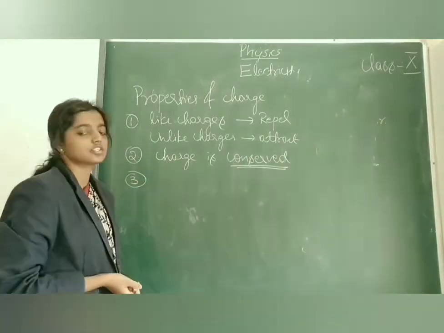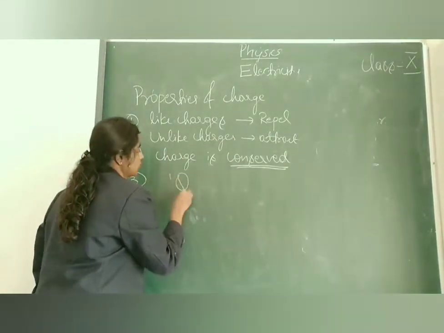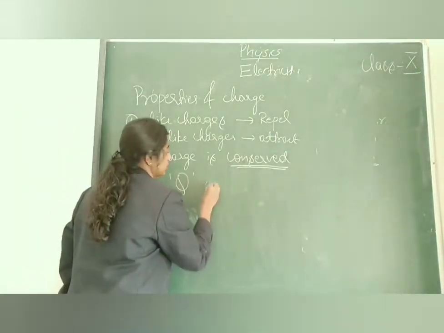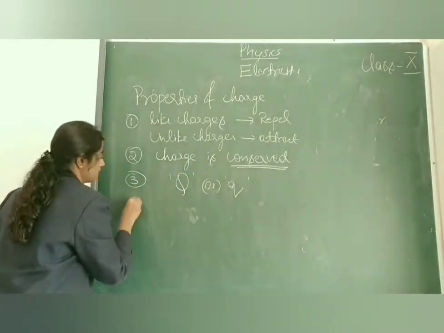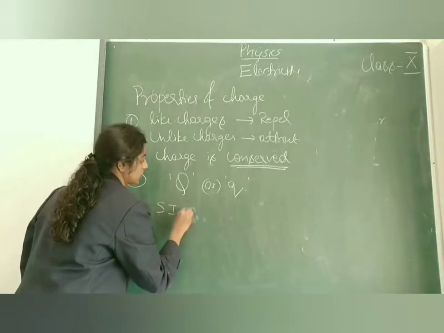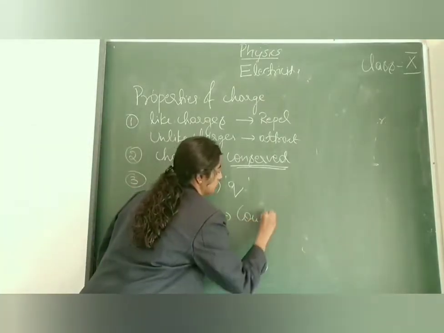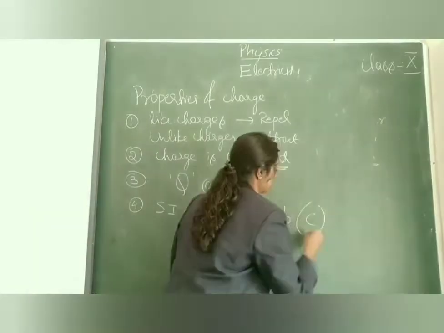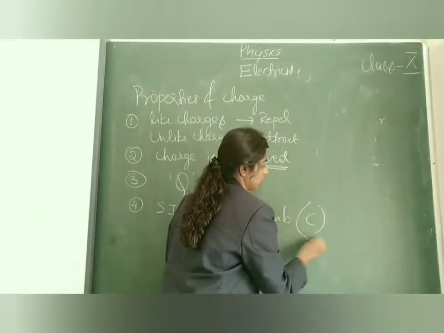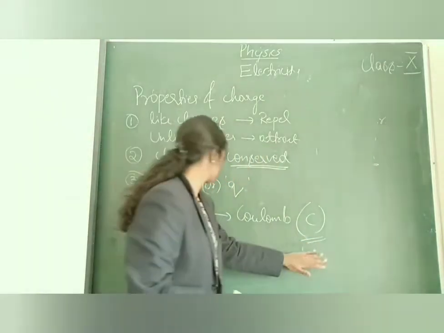And charge is represented with Q. It may be capital Q or small q. And the SI unit of charge is coulomb. It is represented as capital C. Don't forget, we need to remember SI units. This is important in physics.